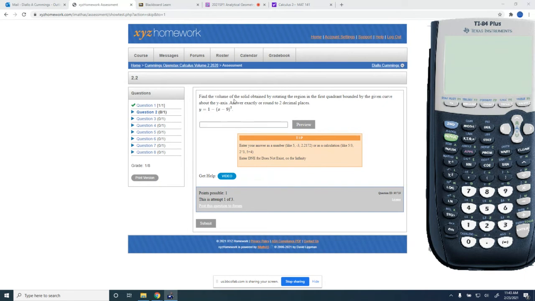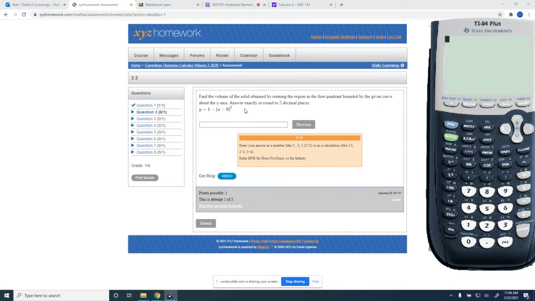So here it says find the volume of the solid obtained by rotating the region in the first quadrant by the given curve about the y-axis, and we're asked to round to 2 decimal places. And we're given y is equal to 1 minus the quantity x minus 9 squared.